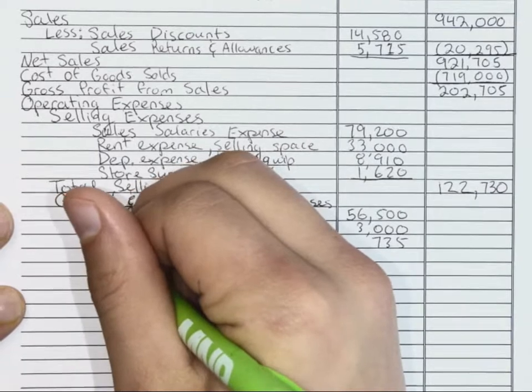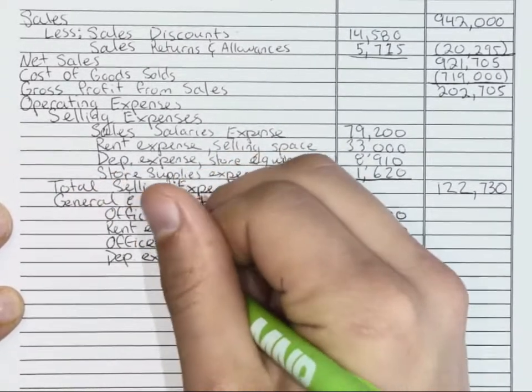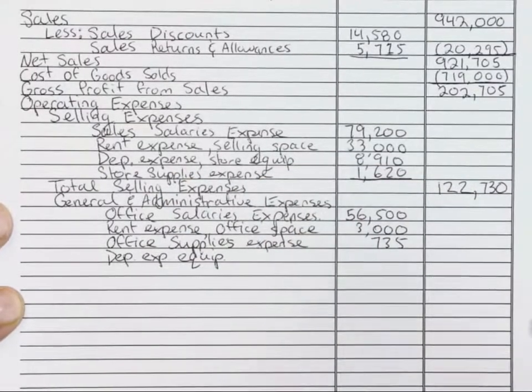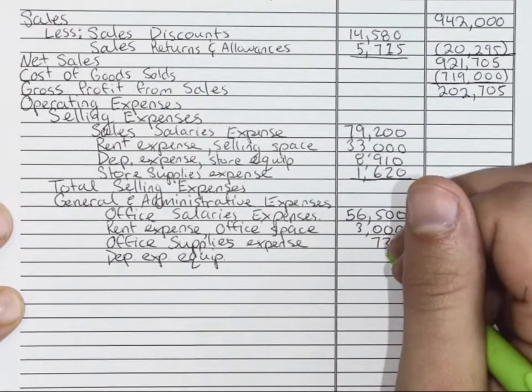Depreciation expense, office equipment. And there's one more expense there. Maybe you don't realize it's office. Yeah, there you go.